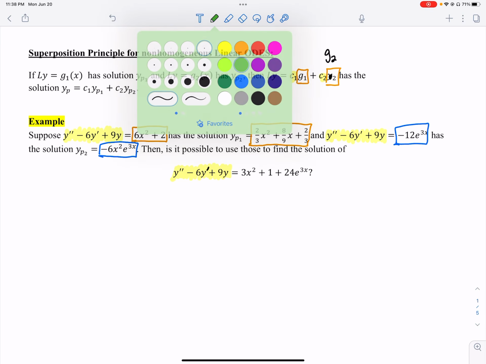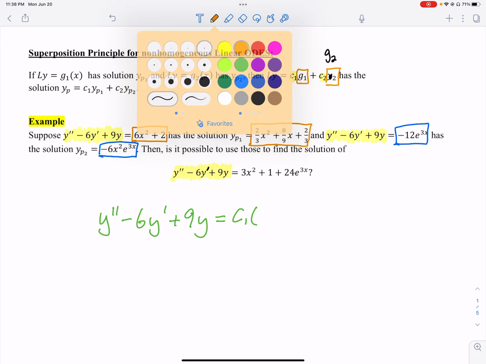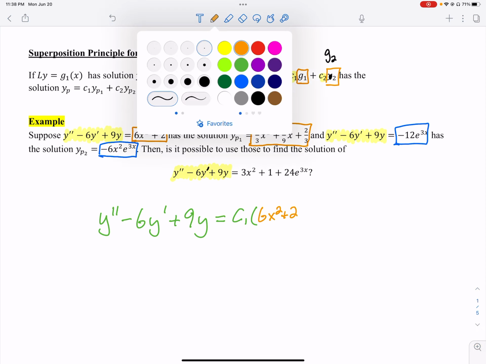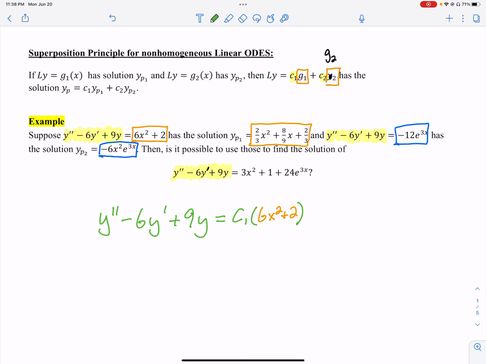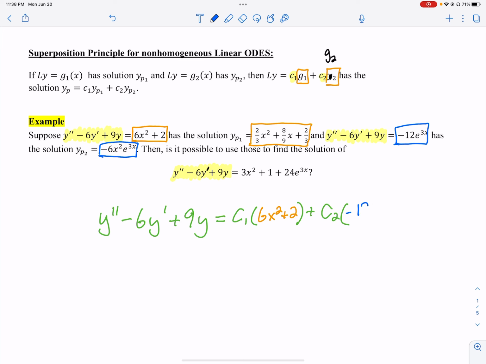Let me pick a color that I haven't used on a box or anything. So we're going to write y double prime minus 6y prime plus 9y. And what I'm going to try to do is write C1 times that brown solution, 6x squared plus 2, plus C2 times the blue one, the negative 12 e to the 3x.